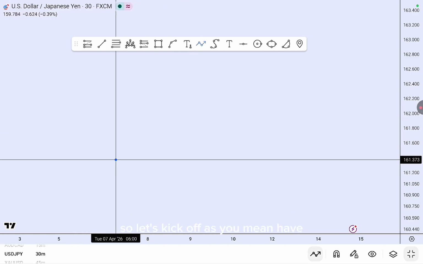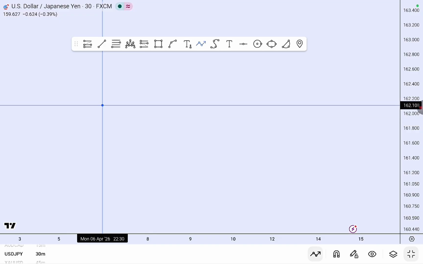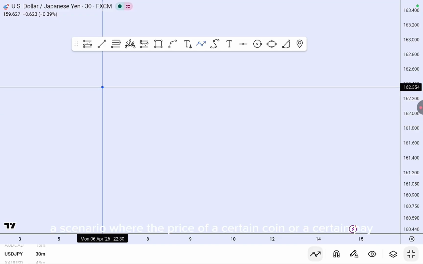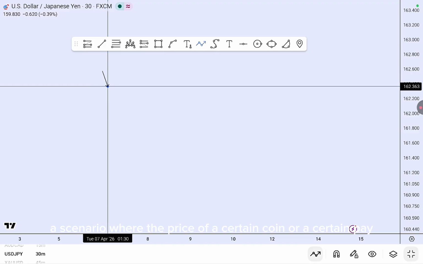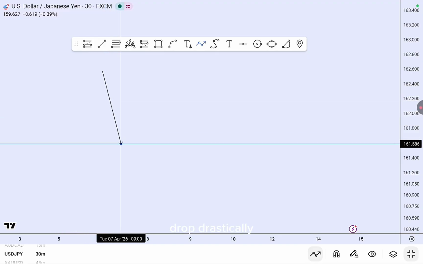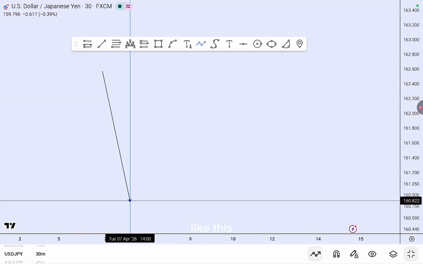Assume you have a scenario where the price of a certain coin or a certain pair drops drastically like this.